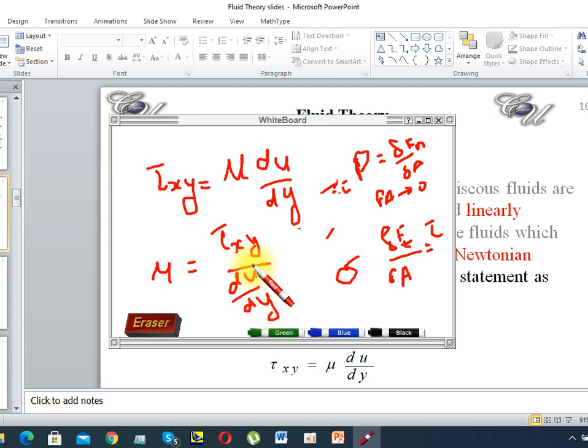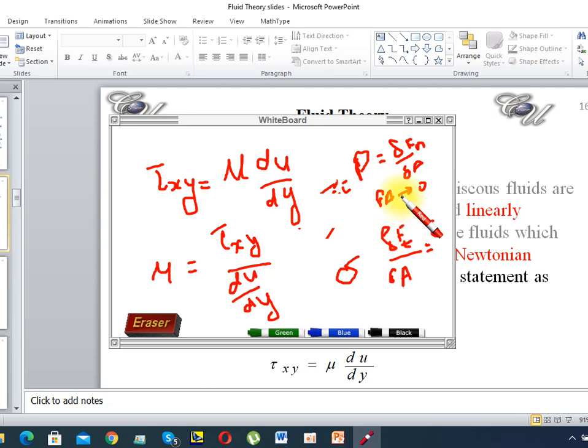We call this length. LT minus 1 is the dimension of u, and the y dimension is L. And also we have how to find the dimension of this tau xy, as I already mentioned that tau xy is nothing but force per unit area.